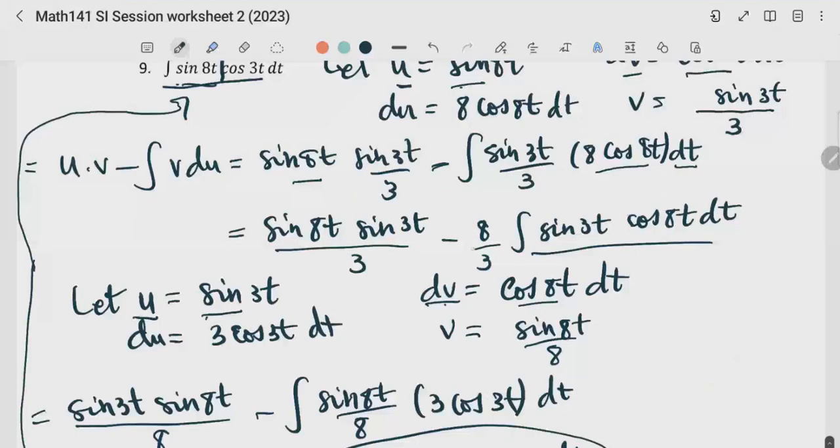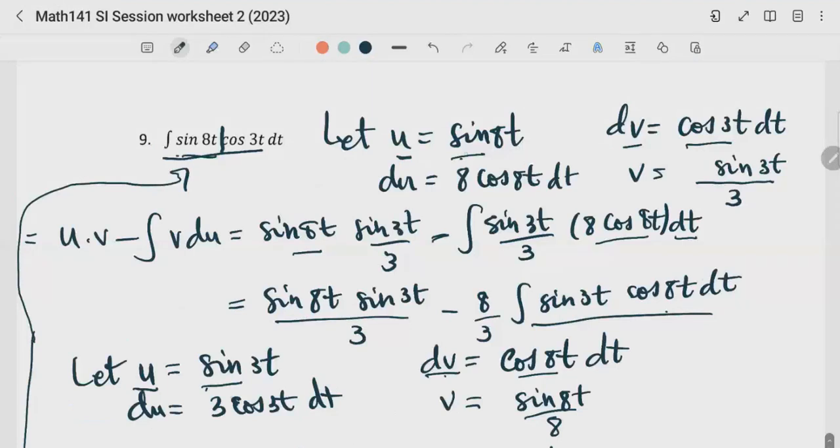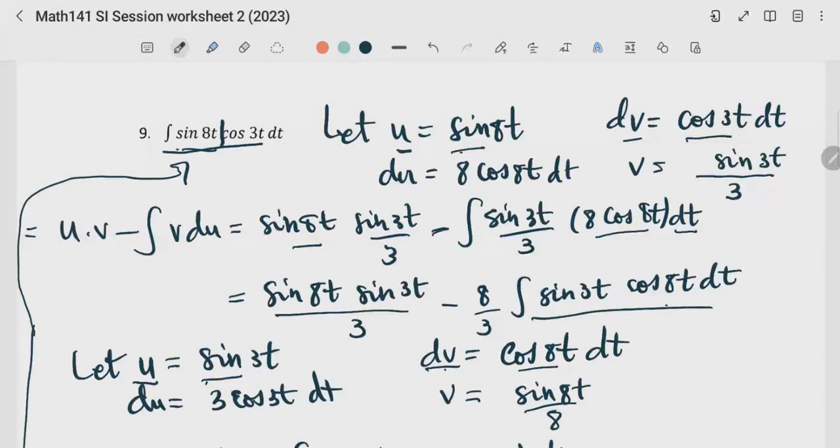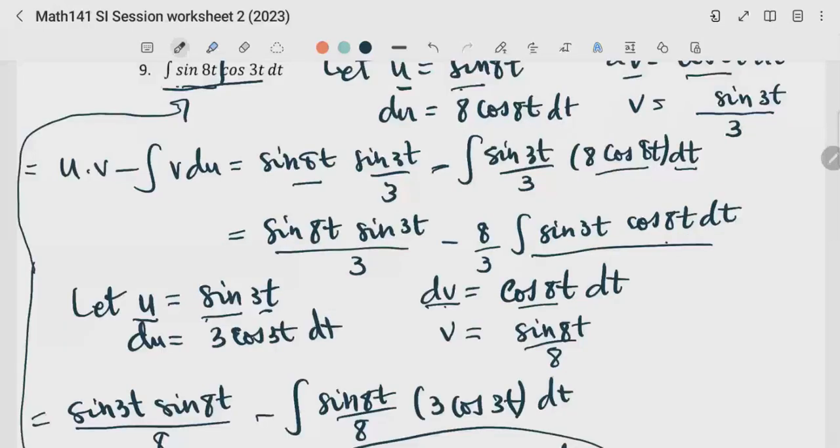Then the next step, you take out the 8 over 3. You're left with the integral of sine 3t times cos 8t, which will give you, keeping the same consistent substitution, u is equal to sine 3t, then the du would be 3 cos 3t, dv is cos 8t, so that would mean v is equal to sine 8t over 8.